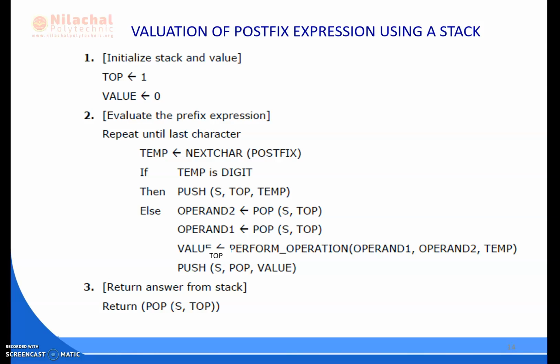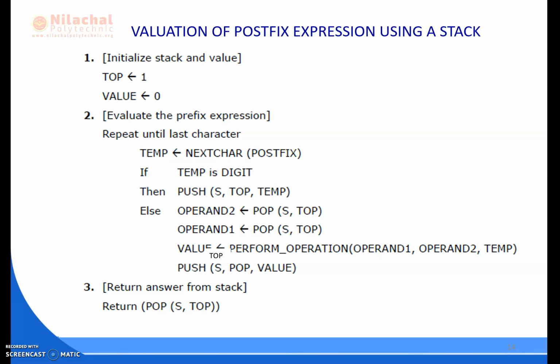At the second step, we need to evaluate the postfix expression until we reach the last character of the expression. So it's written as repeat until last character. Here we get temp as the next character of the postfix expression.